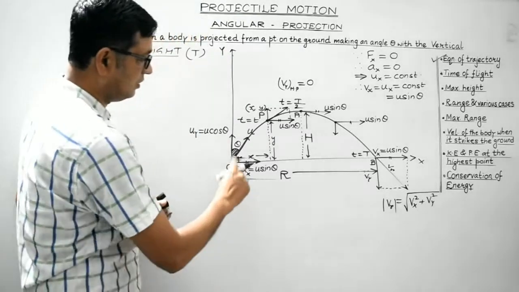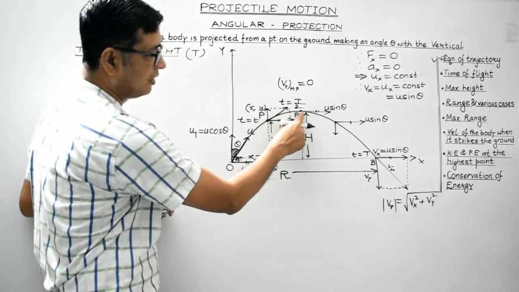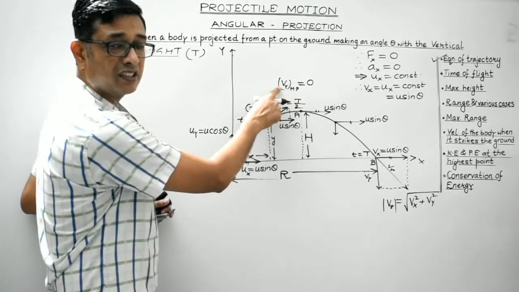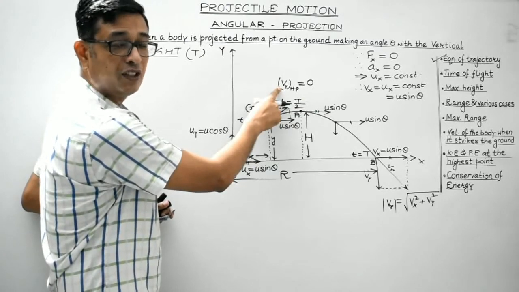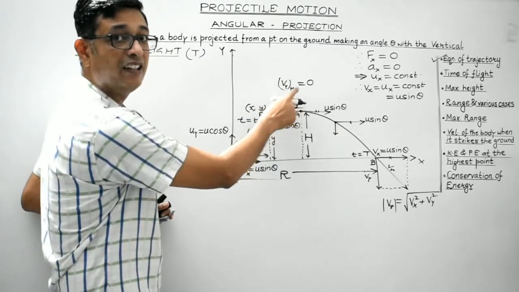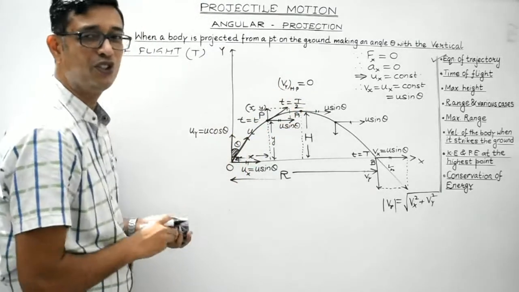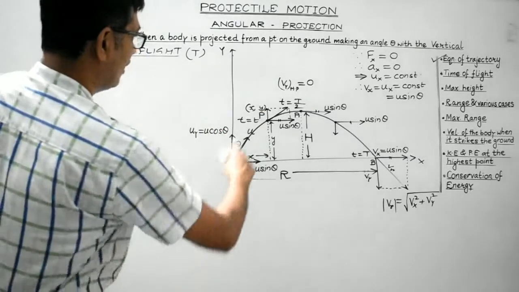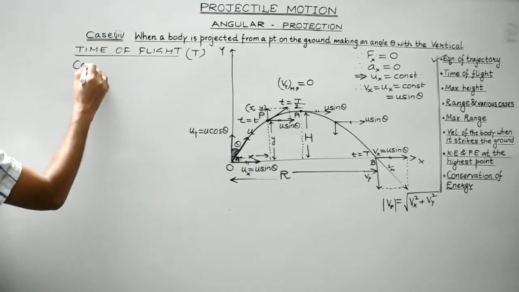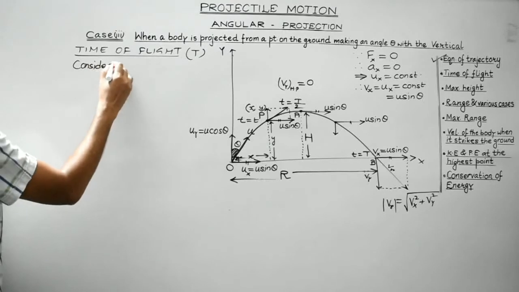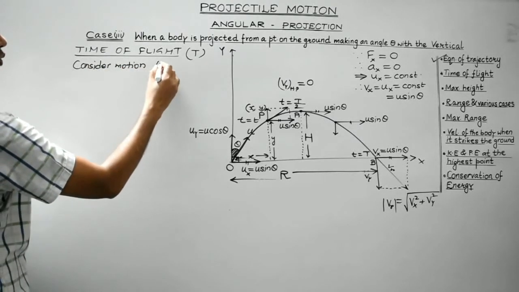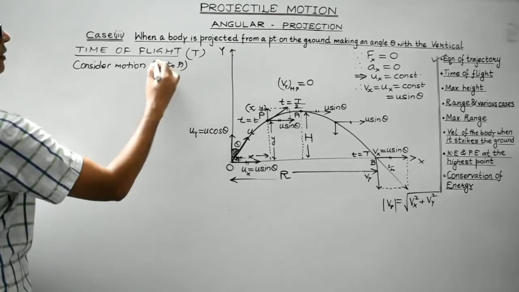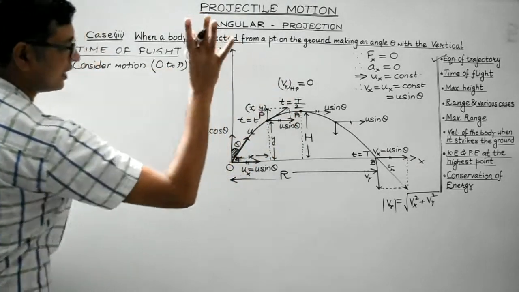Look students, from O to A, here at point A, this information can be made use of. The final vertical component of velocity at point A is 0. So let's make use of this particular fact, right? So let's consider motion from O to A. O is the initial point, A is the final point.